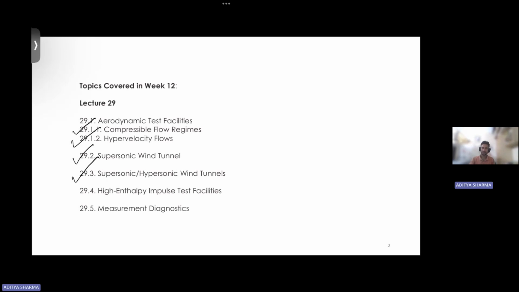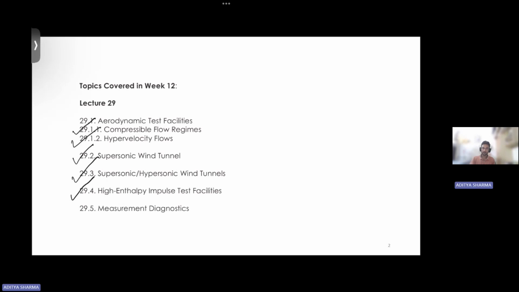Then after that, measurement diagnostics of the setups have been discussed, right? The measurement diagnostics had been discussed in the previous lecture, right?